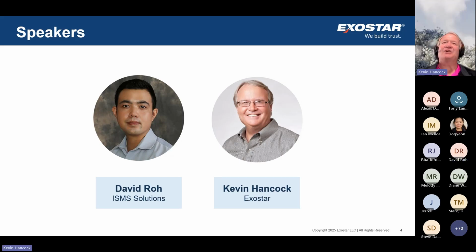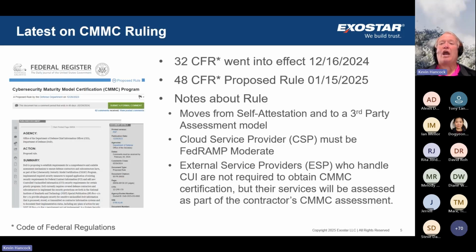Thanks, David. And you'll be hearing from David when we dive into that demonstration of Policy Pro itself. But before we do that, as I mentioned, I want to cover where we are in the CMMC rulemaking process. So as hopefully many of you know, 32 CFR went into effect on 12/16/2024.